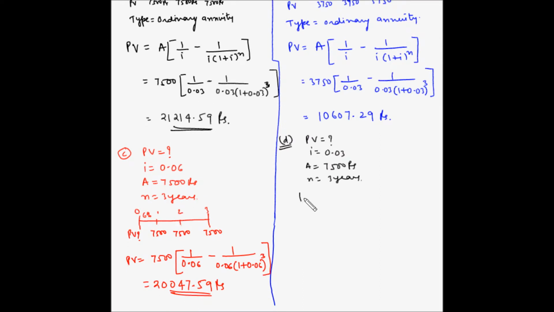So basically on the time scale 0, 1, 2, 3. So we have to find the present value.